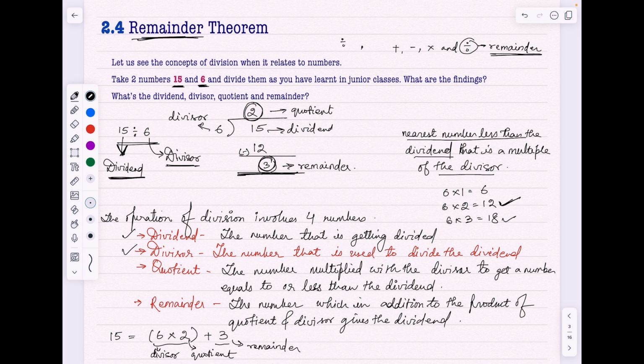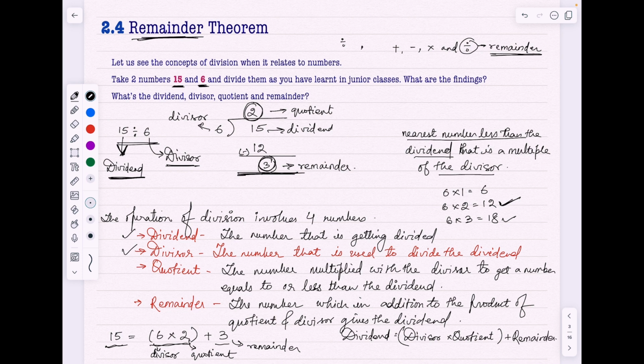So the remainder is the number which, added to the product of the quotient and divisor, gives the dividend. So we are getting a formula here: dividend equals divisor into quotient plus remainder.